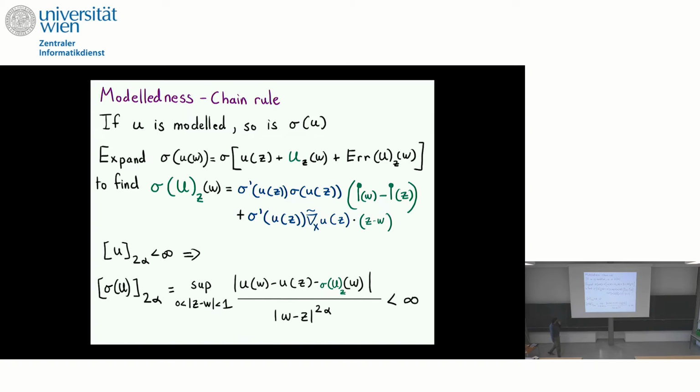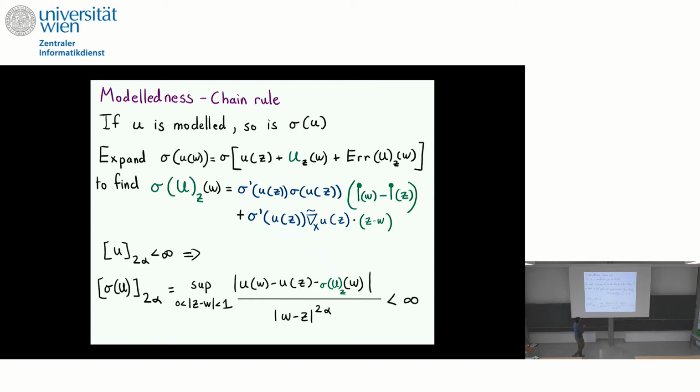And so there's also a chain rule. If u is modeled, so is sigma of u. The easiest way to think about the chain rule is through compositions of Taylor expansion.